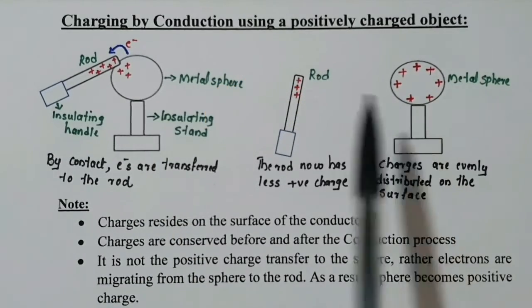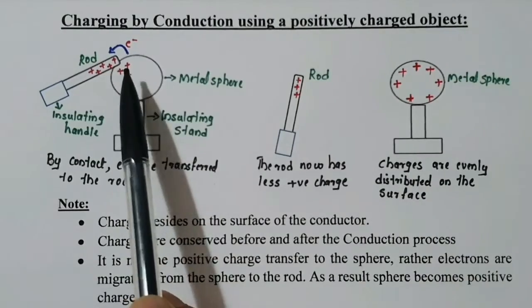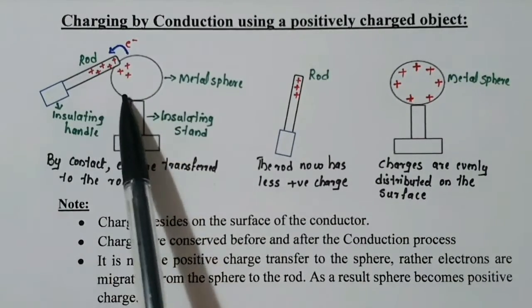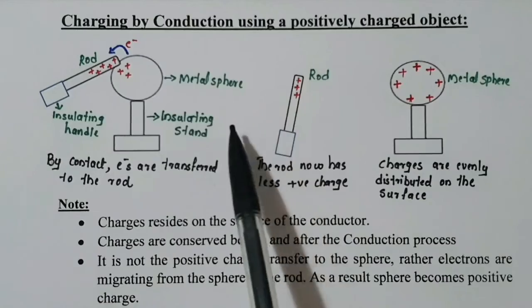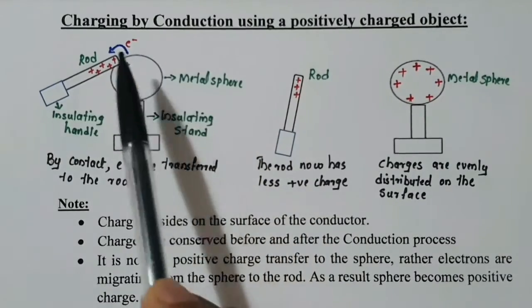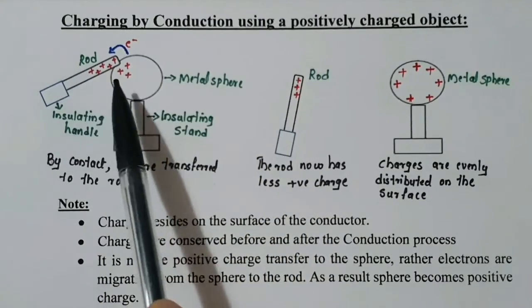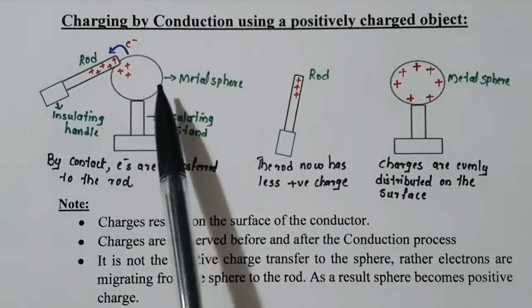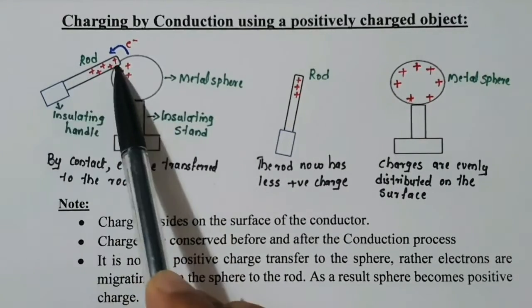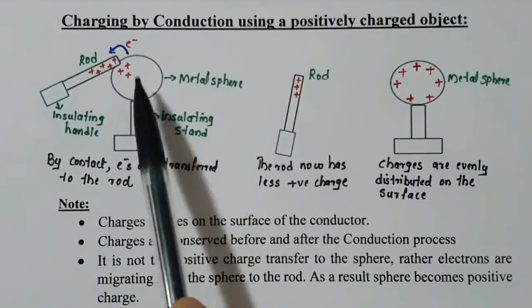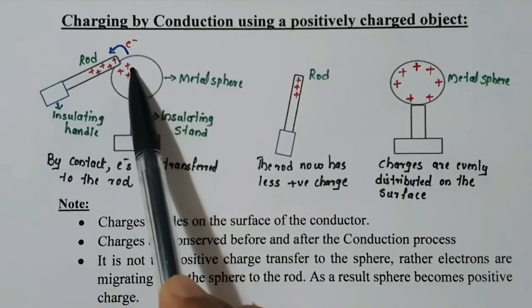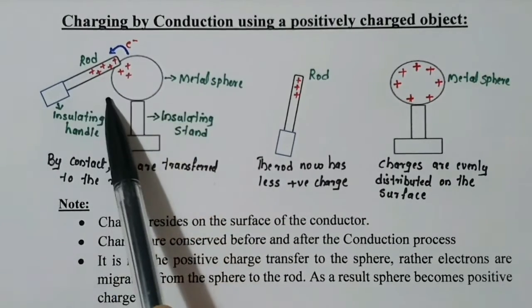The answer is, an object becomes positively charged when electrons are removed from it. So, from an electron perspective, we can say that a positively charged object contains a deficit of electrons. So, when you touch the positive rod to a neutral sphere, the positive charges on the rod attract the electrons from the sphere.